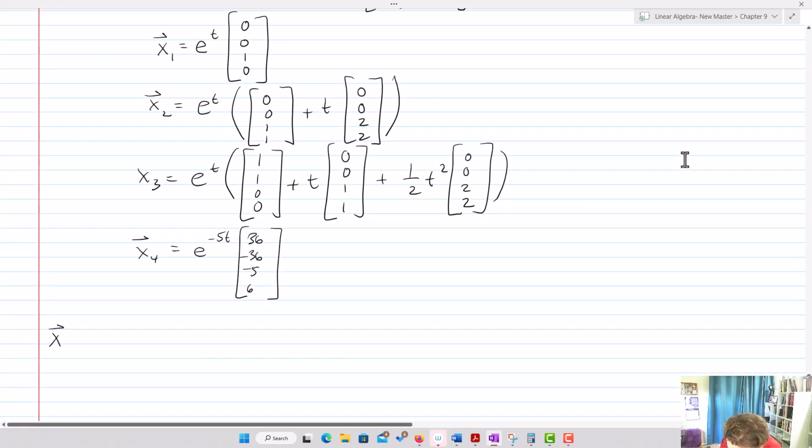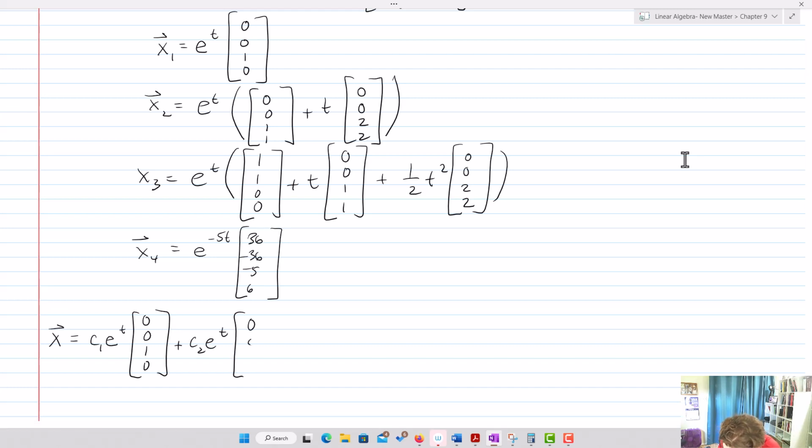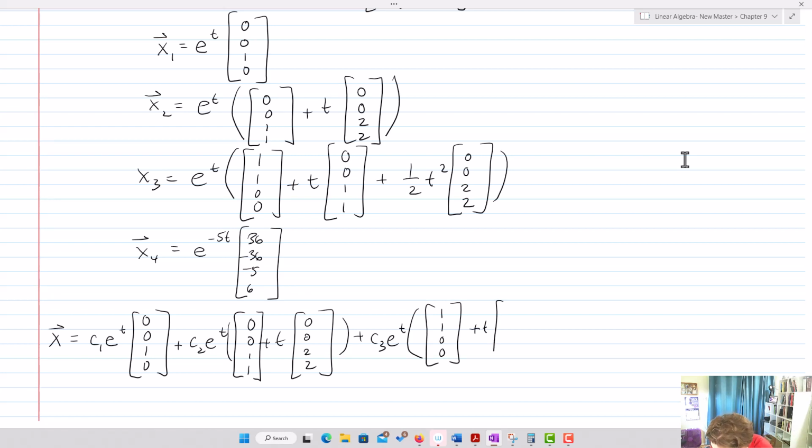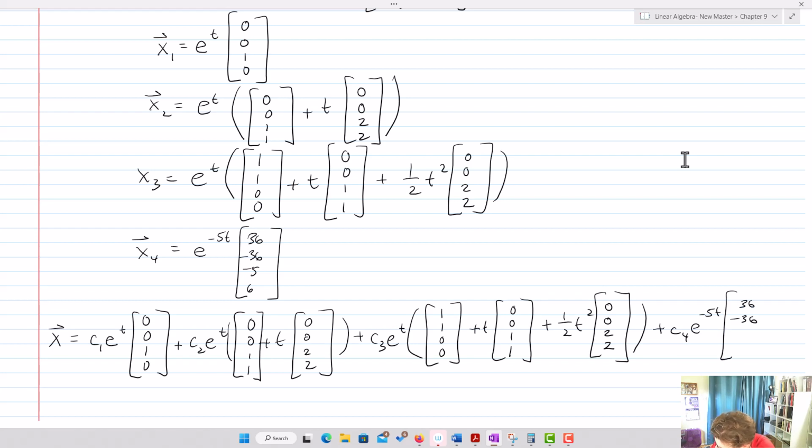So our overall solution x is going to equal c1 e to the t 0, 0, 1, 0 plus c2 e to the t 0, 0, 1, 1 plus t 0, 0, 2, 2 plus c3 e to the t 1, 1, 0, 0 plus t 0, 0, 1, 1 plus 1/2 t squared 0, 0, 2, 2 plus c4 e to the -5t 36, -36, -5, 6. And that solves your system.